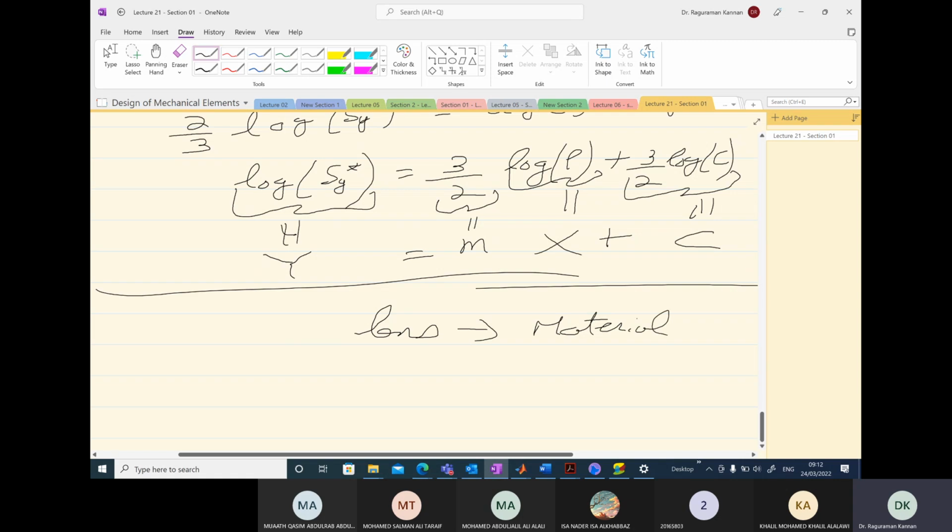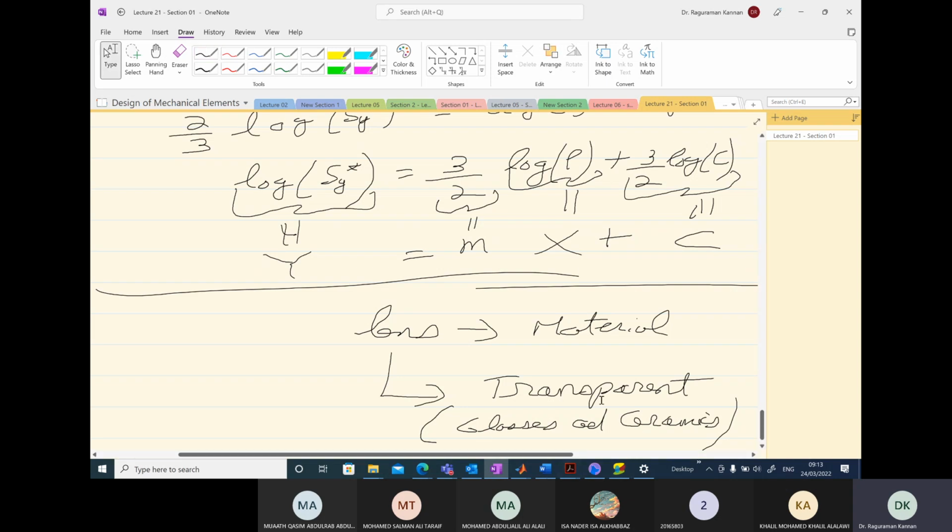What kind of material are you going to choose for a lens? Obviously, you have to choose a material that is transparent. You cannot choose any metal here, right? The material has to be transparent, and mostly these will be glasses and other types of ceramic materials, ceramics mostly, right? Only these kinds of materials are transparent. So these are common sense here.